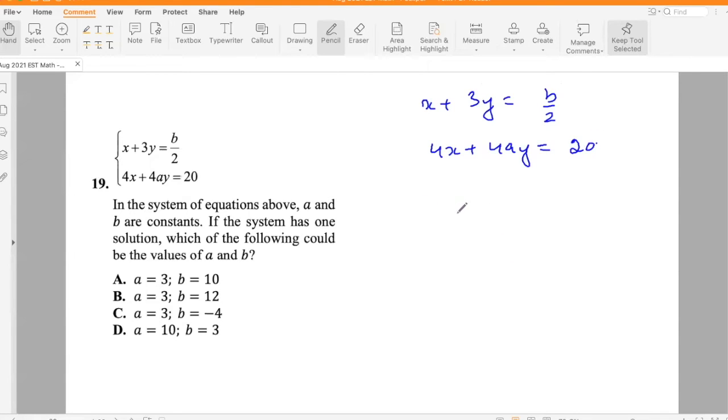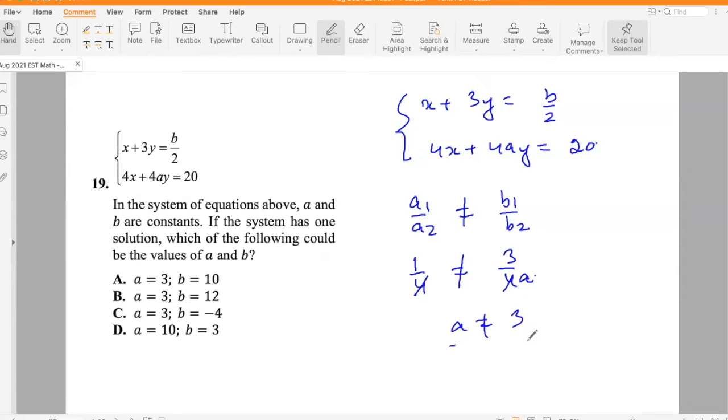So for one solution, that is a unique solution, a1 by a2 should not be equal to b1 by b2, where a1 and a2 are the coefficients of x and b1 and b2 are the coefficients of y. So 1 by 4 should not be equal to 3 by 4a. So that means that a should not be equal to 3. So if a should not be equal to 3, the only choice that you get is option D.